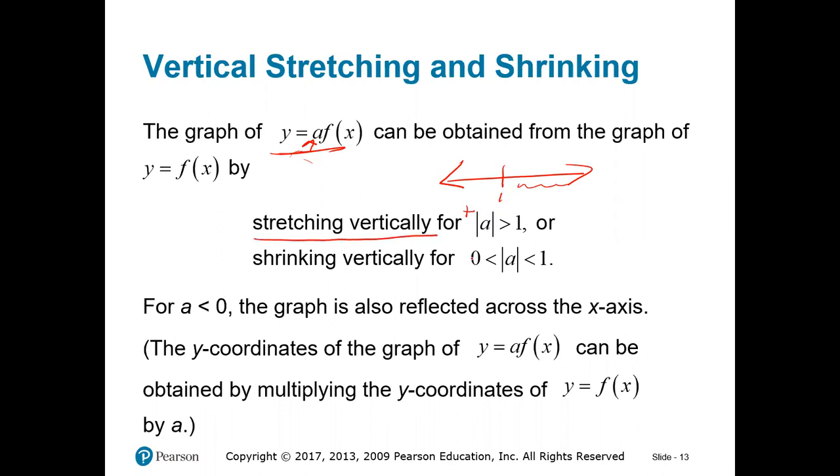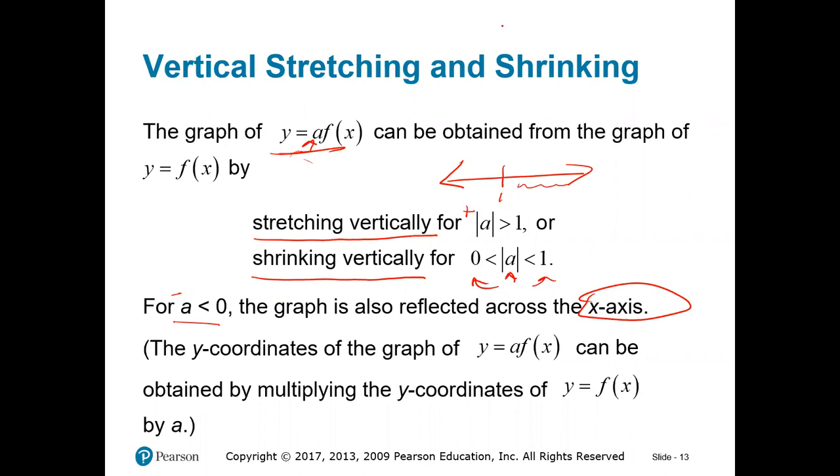If A falls between 0 and 1, so it's less than 1 but greater than 0, then we have a shrinking vertically. If A is less than 0, that means A is a negative number, then we have a reflection about the x-axis.